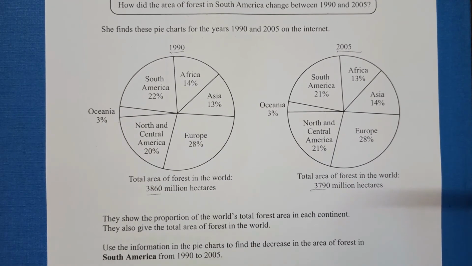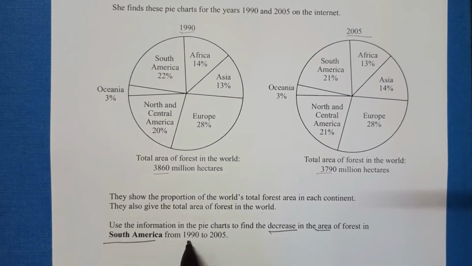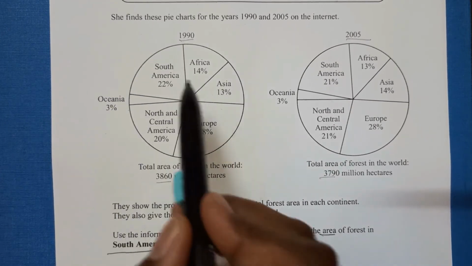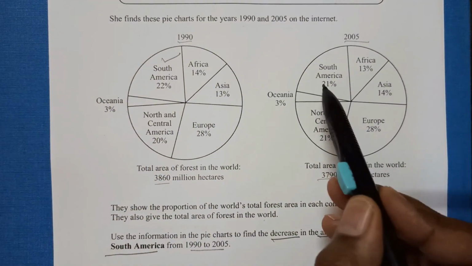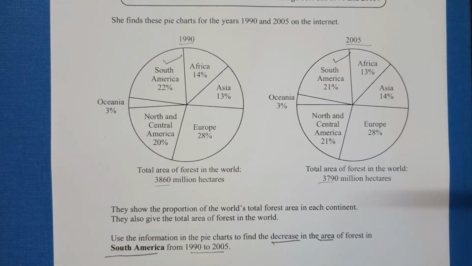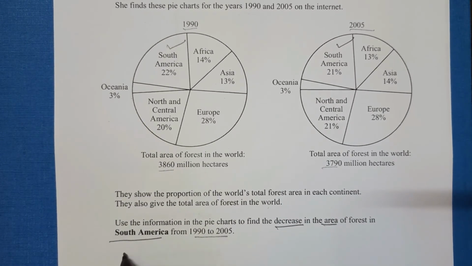They show the proportion of the world's total forest area in each continent. Use the information in the pie chart to find the decrease in the area of the forest in South America between these 2 years. So we will just look at South America, here in 1990 and here in 2005.